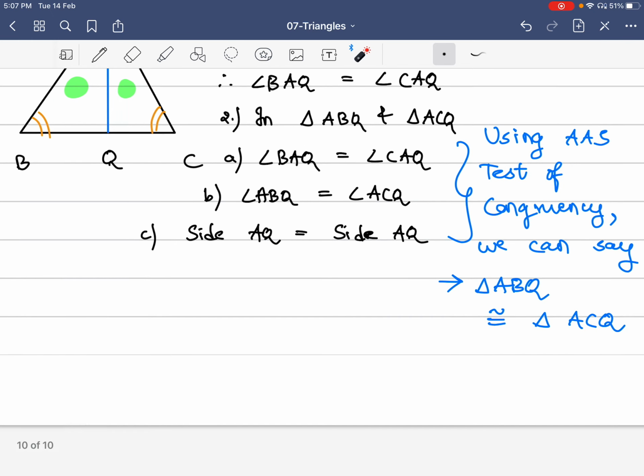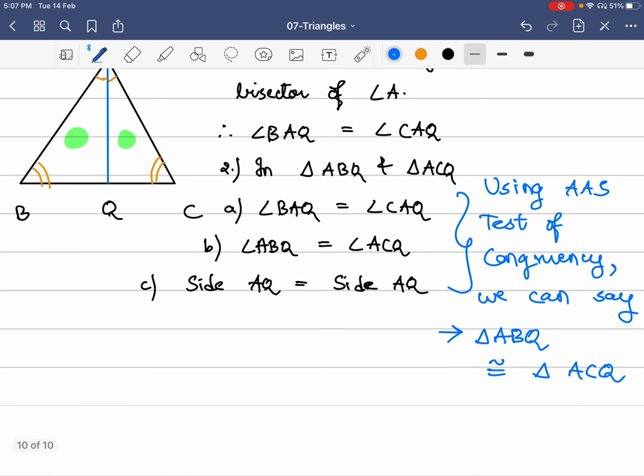So now we can very confidently say, therefore, side AB. Let's use a highlighter to understand. This side AB is equal to this side AC in the triangle. So side AB is equal to side AC. And what are these sides AB and AC?